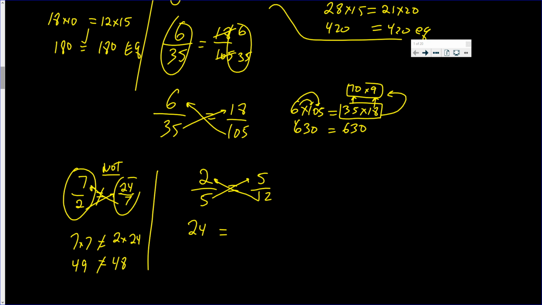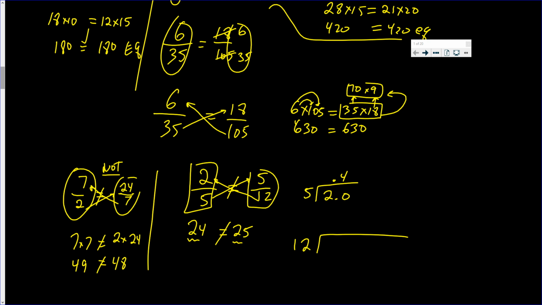Multiply these two numbers, get 25. 24 does not equal 25, so 2/5 does not equal 5 over 12. Since these numbers are close to one another, these fractions are close to one another. If you were to do 5 into 2, you get 0.4.